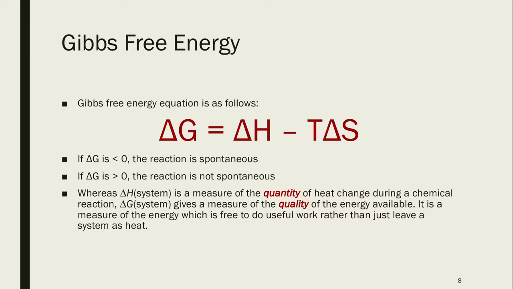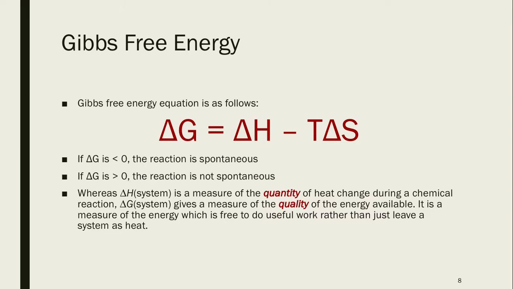If delta G is less than 0, the reaction is spontaneous. If delta G is greater than 0, the reaction is not spontaneous. So this combines delta H and delta S along with temperature. Whereas delta H is a measure of the quantity, the amount of heat changed during a chemical reaction, delta G gives a measure of the quality of the energy available.